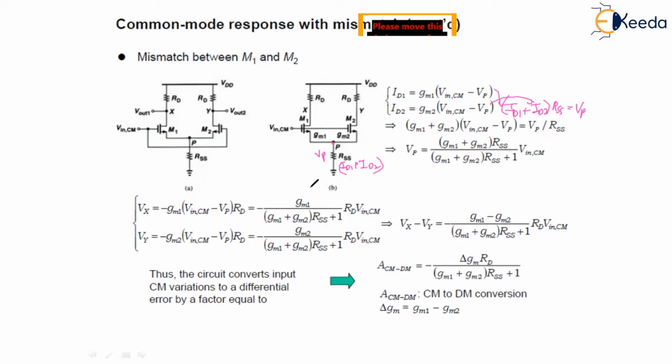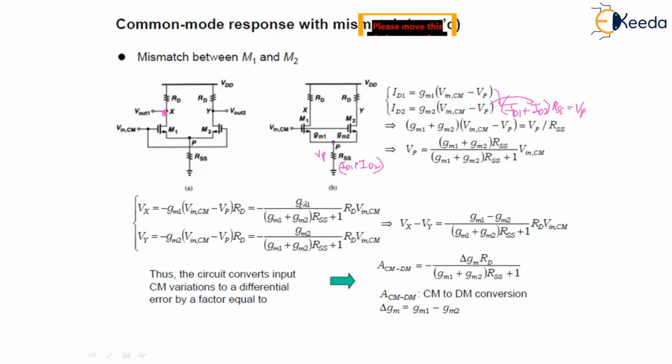Now we are obtaining the output voltages Vx and Vy. Vx can be written as minus Gm1 (Vin,CM minus Vp) into RT. This is again the same Thevenin rule.